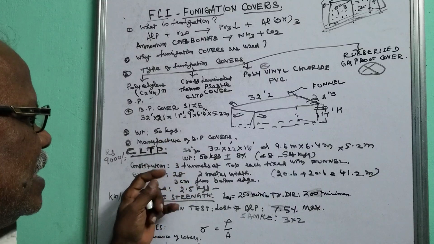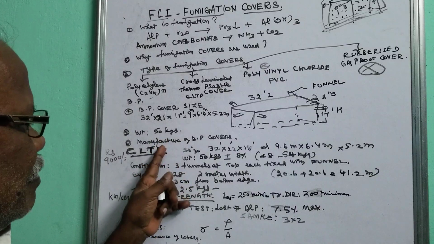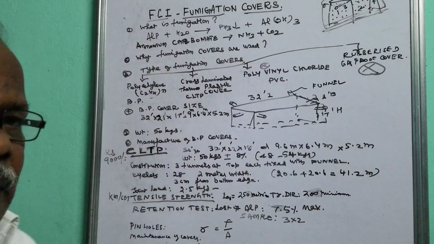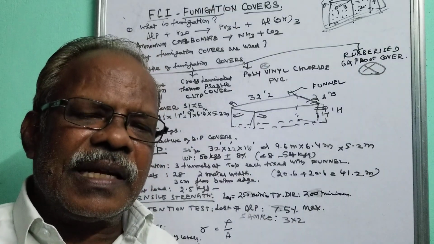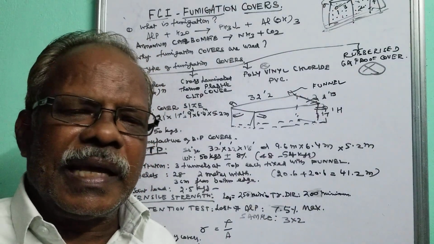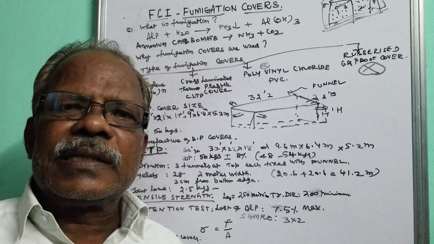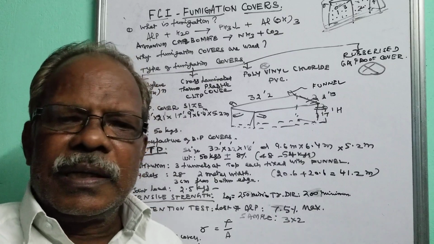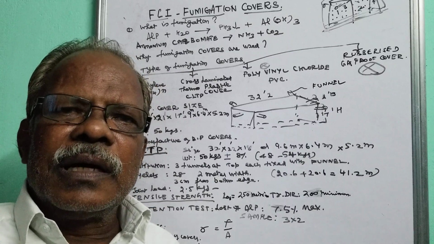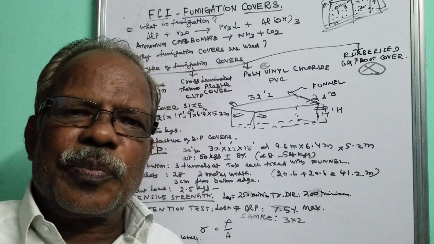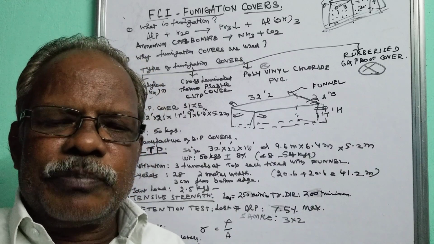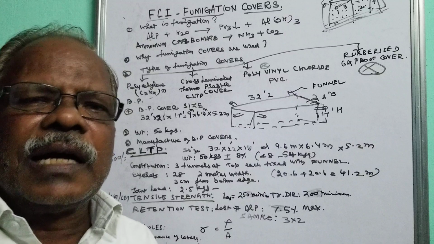Weight is 50 kgs, and after the manufacture of BP covers, it should be passed by the lab test, that is the STIRAM test house or CIPET, Central Institute of Polymer Industries, that is CIPET.